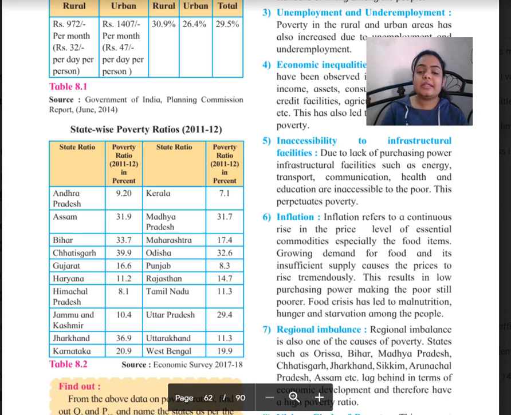So, we can see that due to the lack of purchasing power, since people are not much rich, they do not have much power to purchase, and infrastructural facilities such as energy, transport, communication, health, and education are not accessible to the poor or uneducated people. So this is also one of the major reasons for poverty in India.